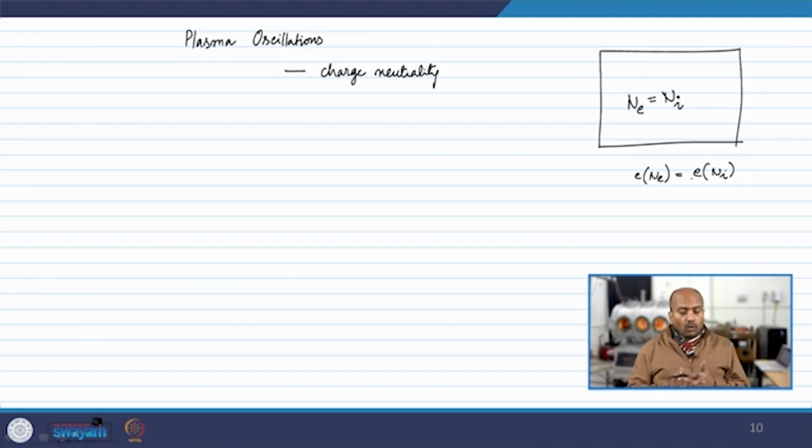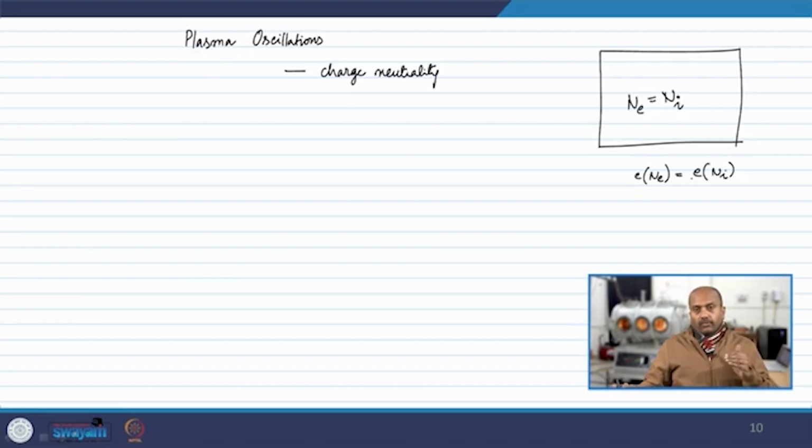Any change in the local neutrality resulting from charge separation, if you take all the electrons and separate them from that particular space, results in the creation of electric fields. These electric fields will try to pull the electrons back to their original position.